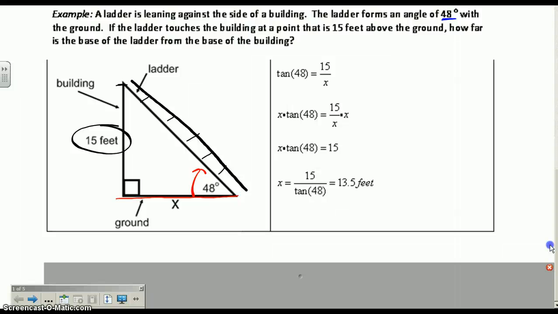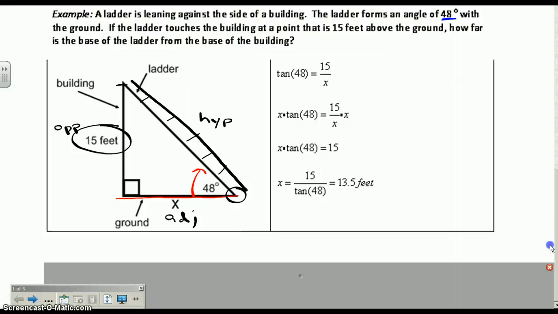Now I want you to label the sides. If we're given 48 degrees, this angle right here, we need to label which is the opposite, which is the hypotenuse, and which is the adjacent, so we can figure out which trigonometric ratio to use. Starting at this angle of 48 degrees, we're given the opposite side, and we are searching for the adjacent.